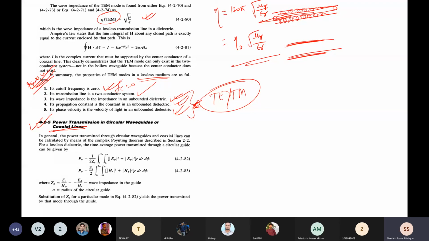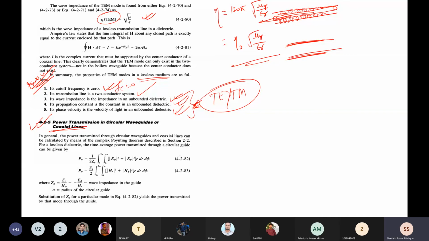Or in your DTH, direct to home connection, the coaxial lines which are used, TEM mode will exist. You can also go for the TEM dominant mode, but we have not studied the dominant mode. Here the cutoff frequency is equal to 0, so we don't have the dominant mode.